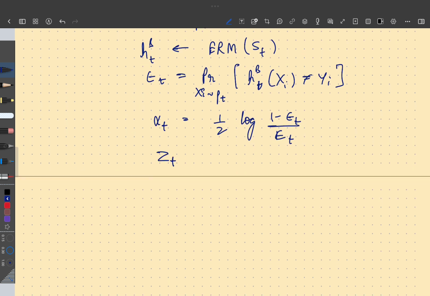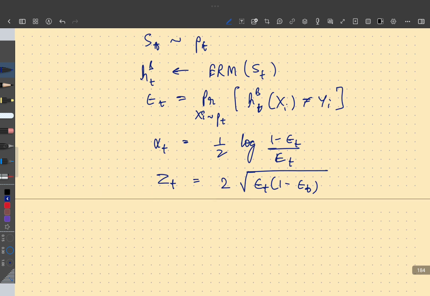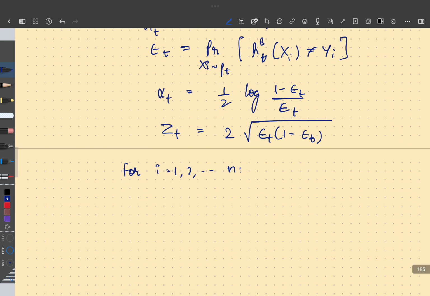You set Z_t to be equal to 2 times square root of epsilon t into (1 minus epsilon t), and then you update P_t, so P_{t+1}, for all the data points up to n.